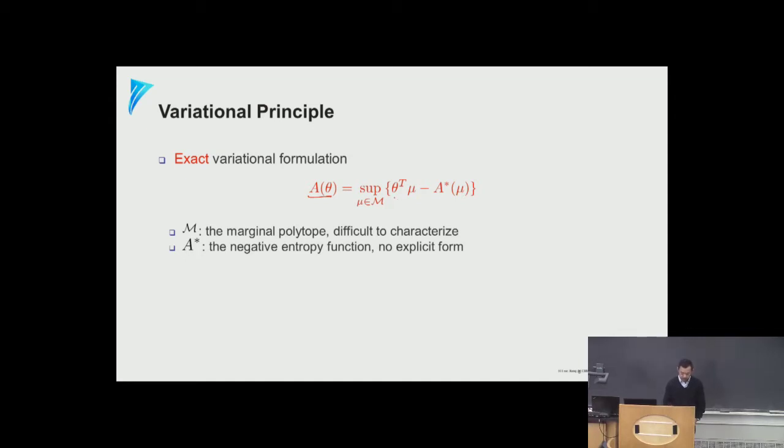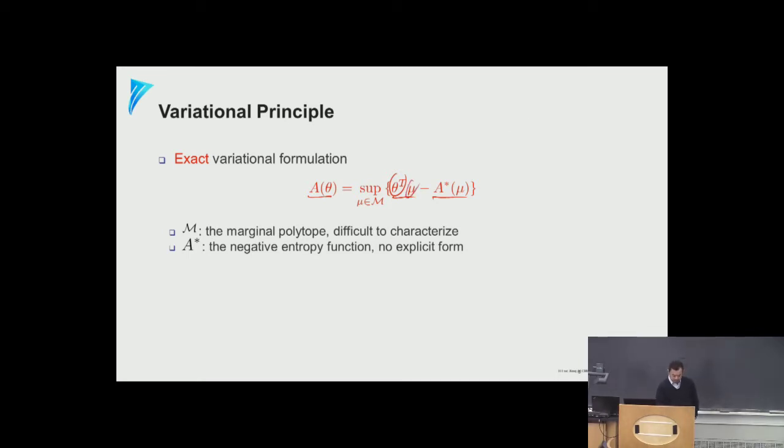In this case, we have the inner product of the dual pair and also a conjugate function. And we know that these correspond to the canonical parameters in the exponential family expression of the probabilistic distribution. And the mu's correspond to the mean parameters.